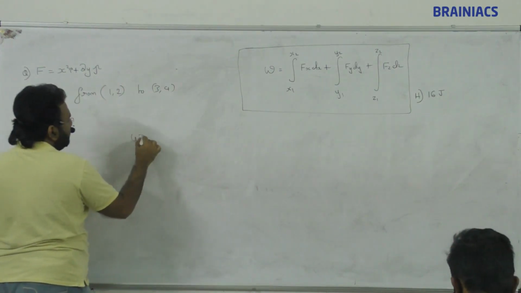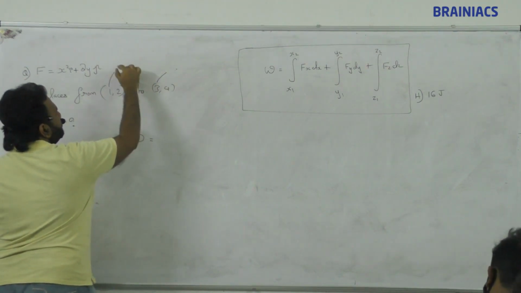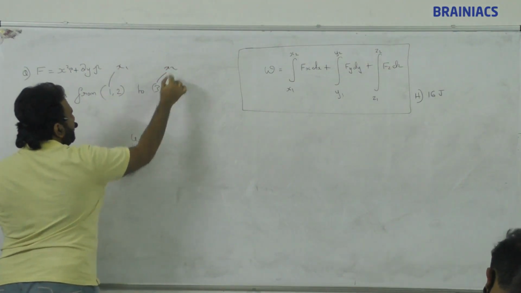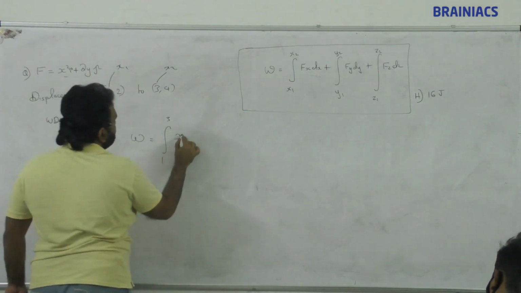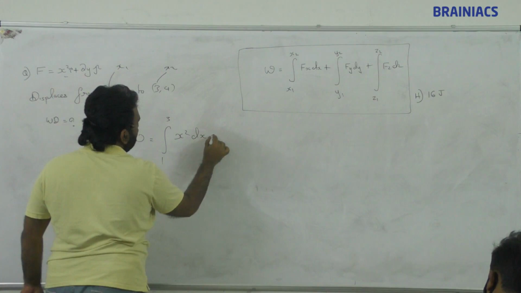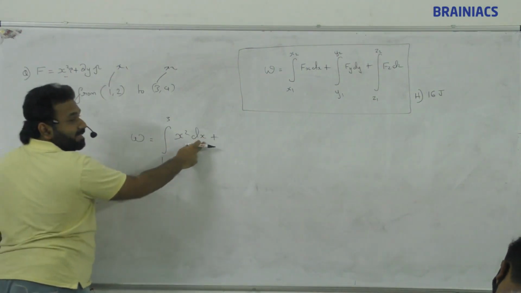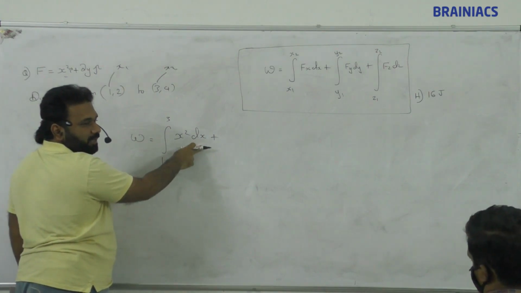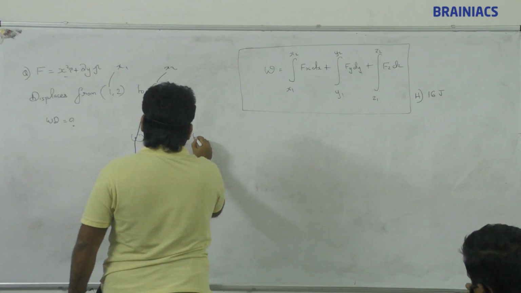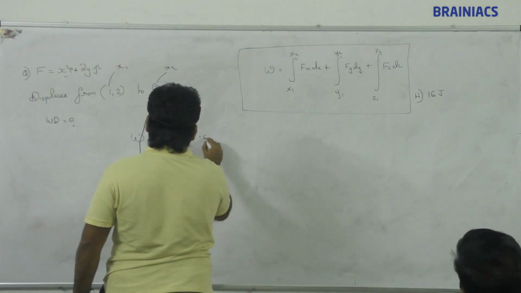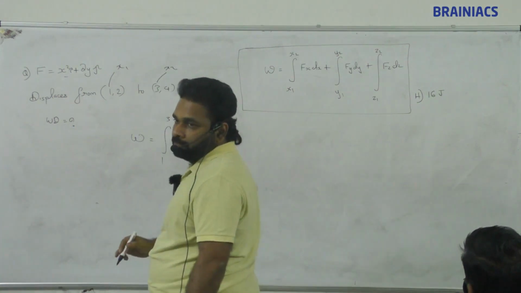So work is equal to, dear children, this is x1, this is x2. So integral 1 to 3 x square dx plus. Here actually this is dx i. Truthfully, x square i dot dx i is how it would come.